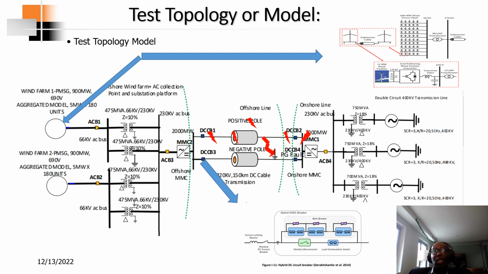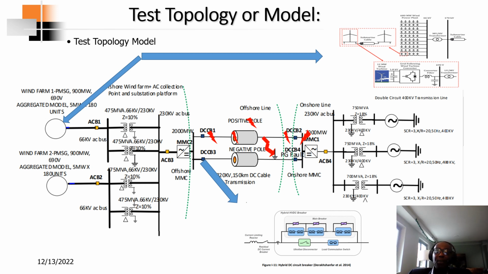So from this 230 kV AC bus, we have a cabling, and we have a nominal pi cable that is modeled to the step-up transformer that steps the voltage from 230 kV to 400 kV transmission level voltage.